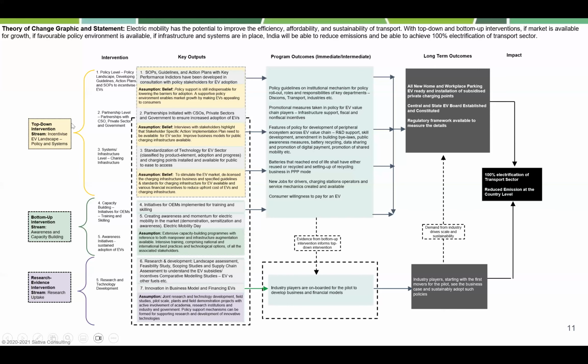Okay. So in the top-down, you will find I did three different interventions. One is at the whole policy level, where I work closely with government, coming up with a landscape document, standard operating protocols, guidelines, and action plans for the EV sector with government and the private sector.